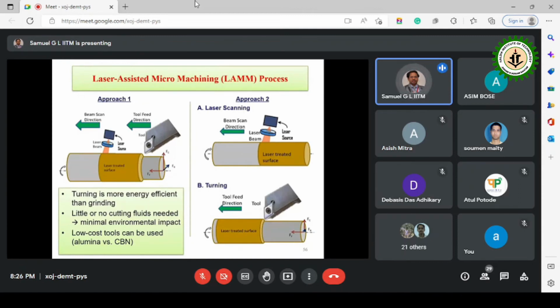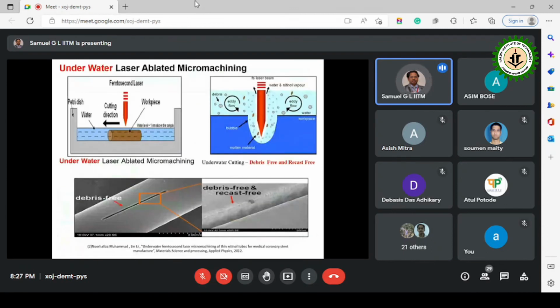But by laser heating, followed by the cutting tools, usually CBN tools, cubic boron nitride tools, we can remove the material very easily and get a very good surface finish. And also, the heat affected zone is one of the important factors which we need to consider when you are going to machine with lasers.